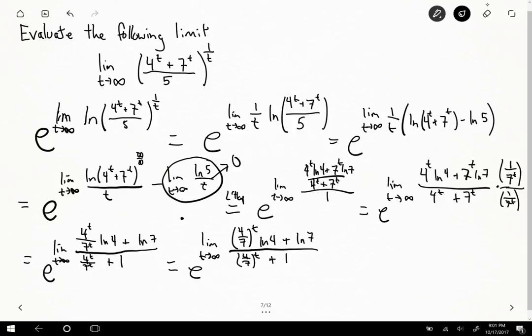As t goes to infinity, let's see what happens. Now, some people might struggle when we're taking a fraction and we square it, then we cube it, then 4th power, 5th power, and so on and so forth. But when you start to think about what the graphs of these things do, right?